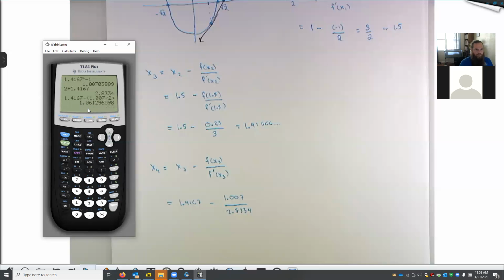And I get, oh, where did this go? Did I type this all right? This should be a little bit closer. We're getting a little bit further. That's right, 4.